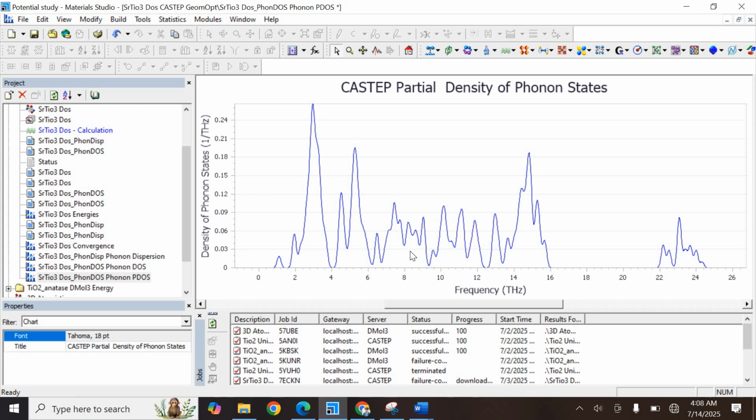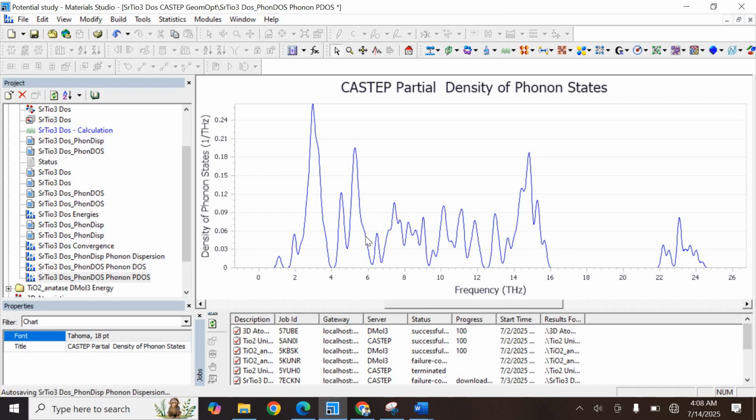Now moving ahead towards the phonon density of states. In this graph, the x-axis is again phonon frequency in terahertz, and the y-axis shows the number of vibrational modes per unit frequency. You will notice that there are clear peaks in different frequency ranges.